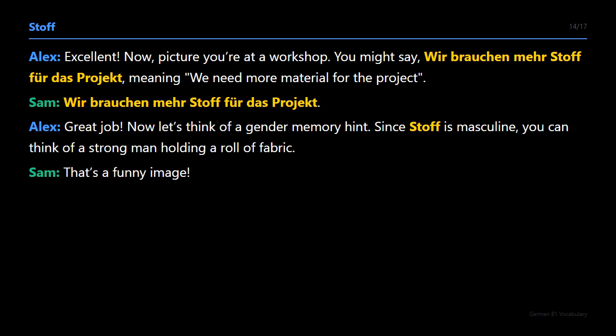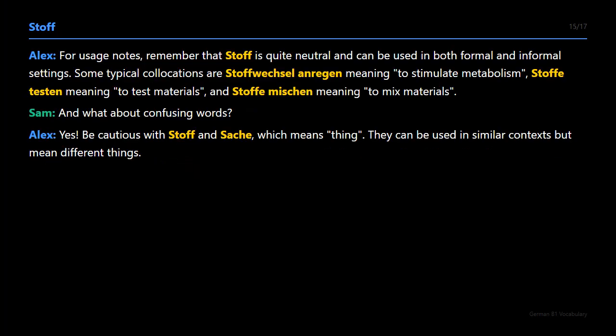That's a funny image. For usage notes, remember that Stoff is quite neutral and can be used in both formal and informal settings. Some typical collocations are Stoffwechsel anregen, meaning to stimulate metabolism, Stoffe testen, meaning to test materials, and Stoffe mischen, meaning to mix materials.